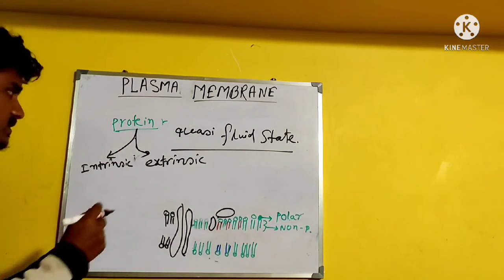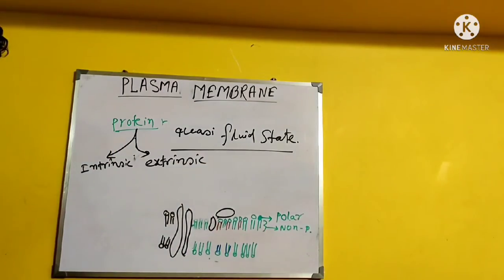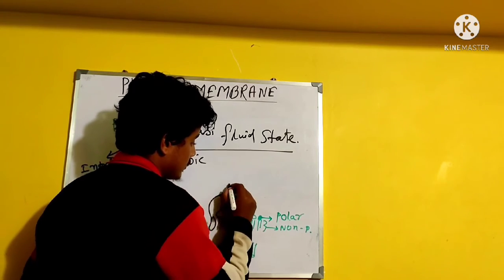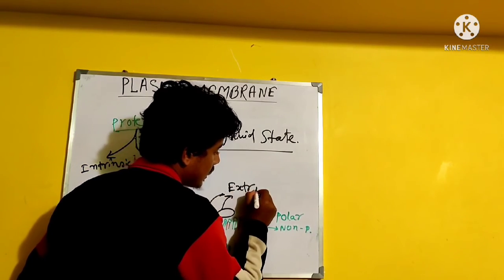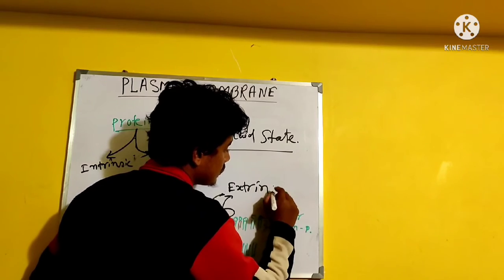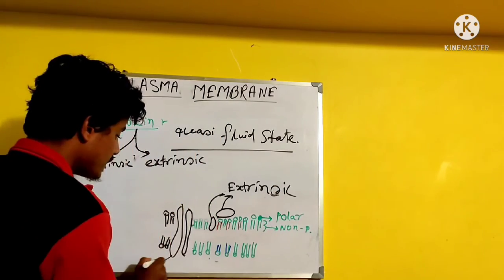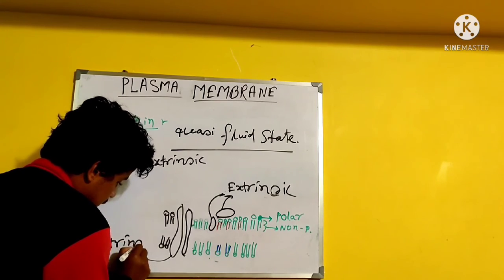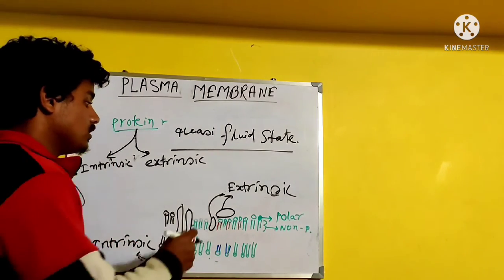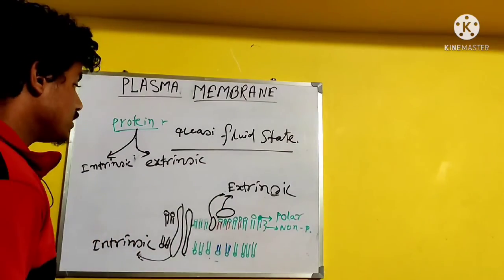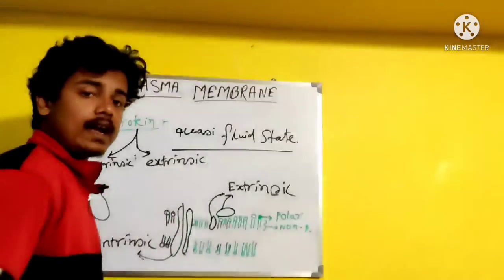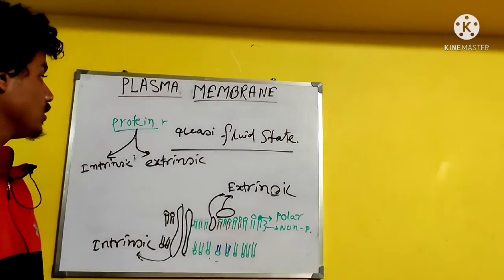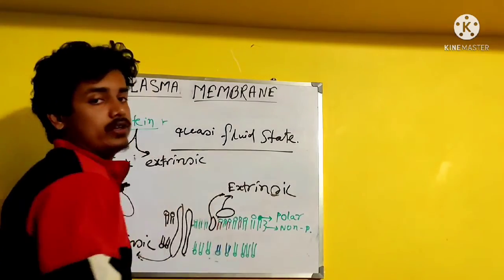These proteins are extrinsic protein, and this protein is intrinsic protein. The proteins present in one layer or the outer layer of the lipid bilayer are known as extrinsic protein.